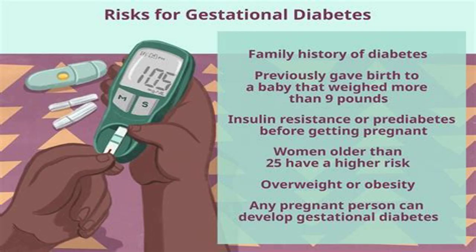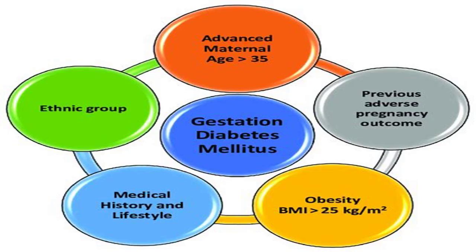Say Harvard researchers, babies born to mothers with gestational diabetes may have trouble breathing at birth. Also known as respiratory distress syndrome, this happens because high blood sugar can delay lung maturity, even if the baby is not born prematurely. After birth, the baby continues to produce extra insulin in response to the mother's high blood sugar during pregnancy.